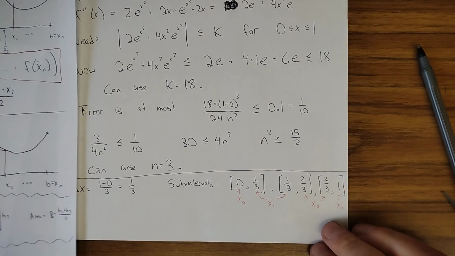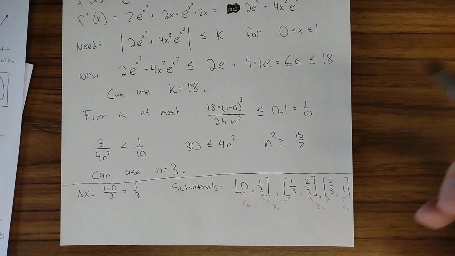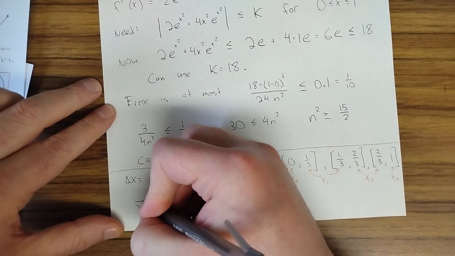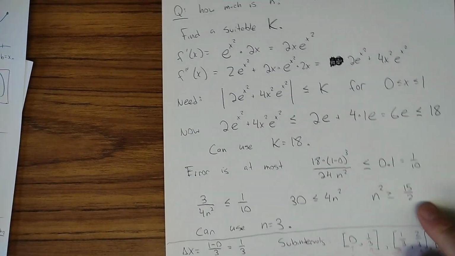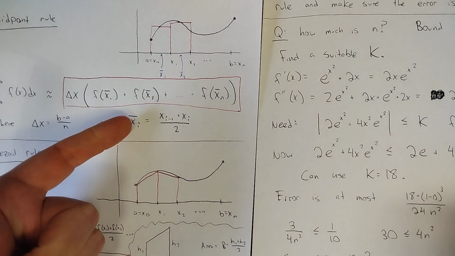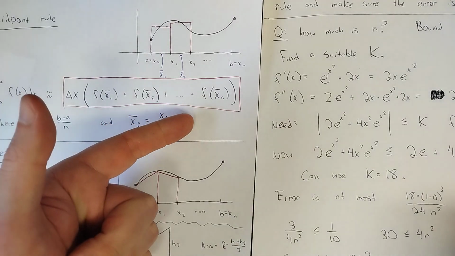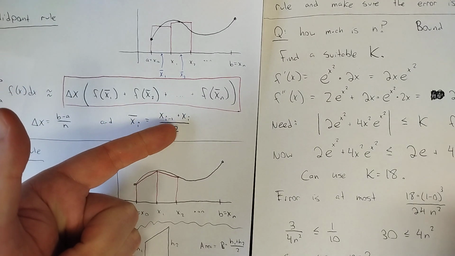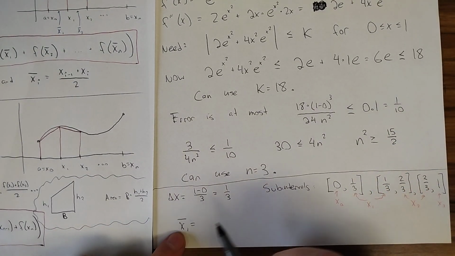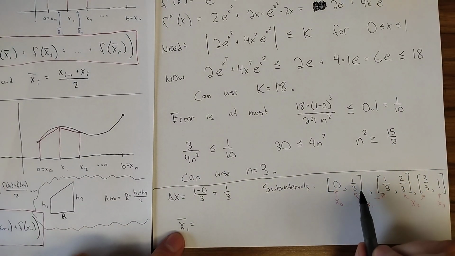I'm using the midpoint rule, so for each of these I'm going to find the midpoints. So I'm using this formula: x sub i bar is the average of these two. So x sub 1 bar is going to be the average of these two.